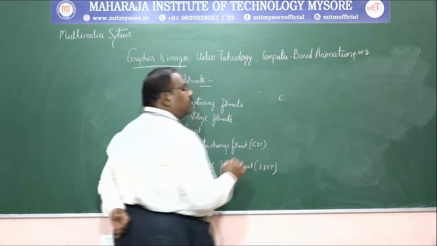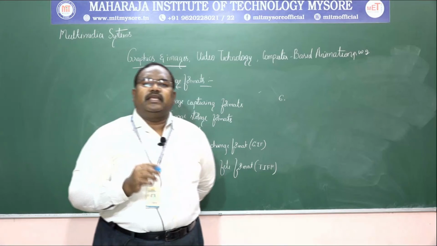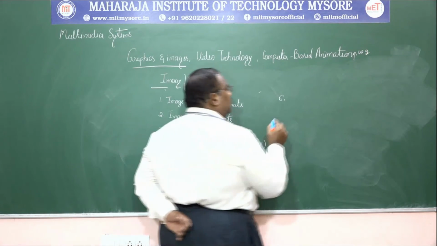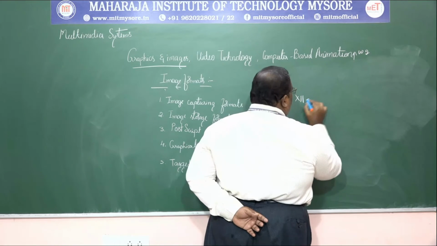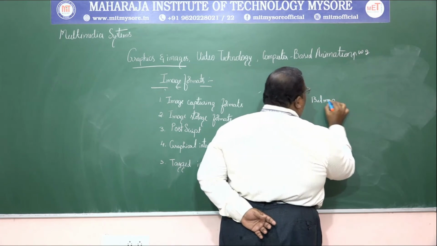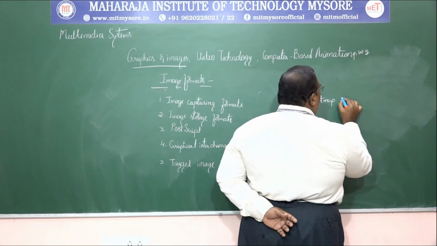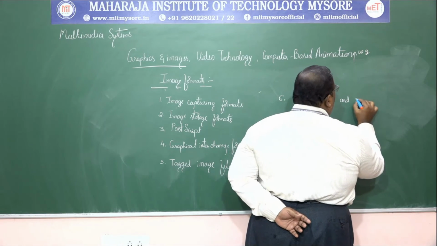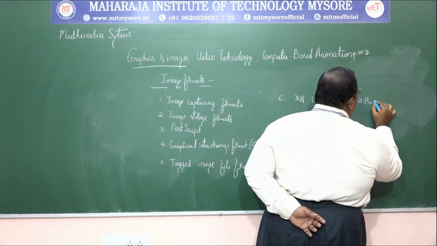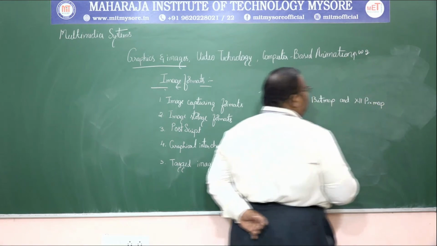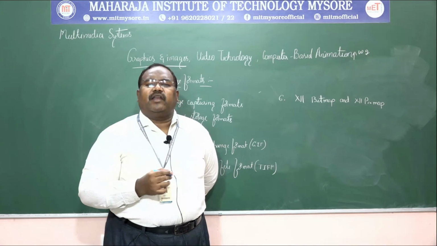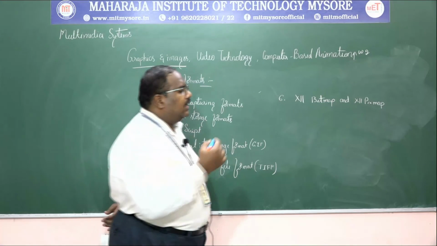The sixth one is called X11 bitmap and X11 pixmap. So these are the two combinations which we represent as XBM and XPM.